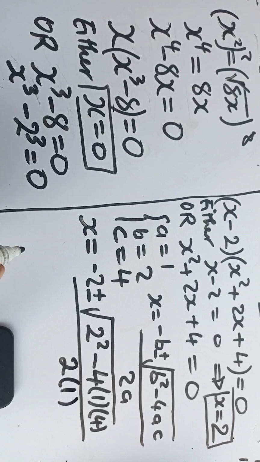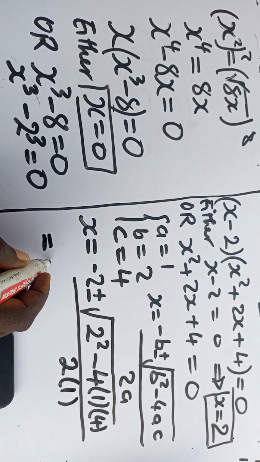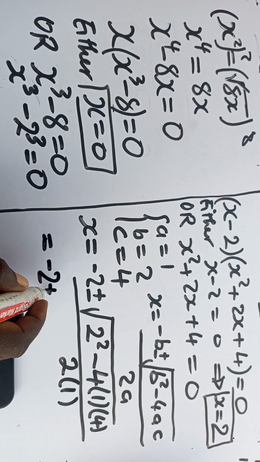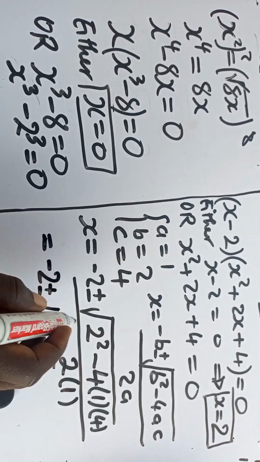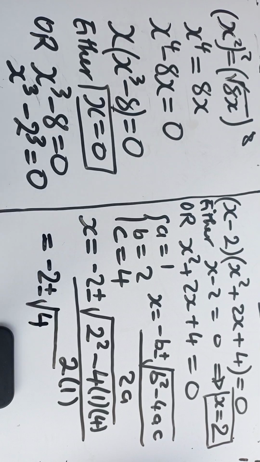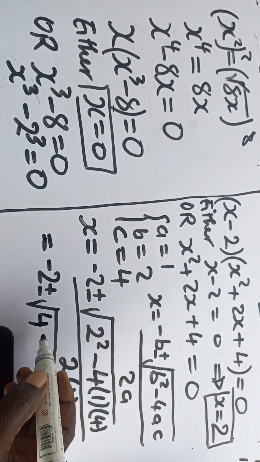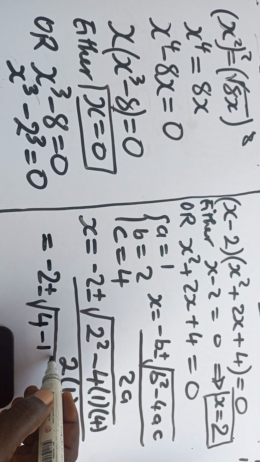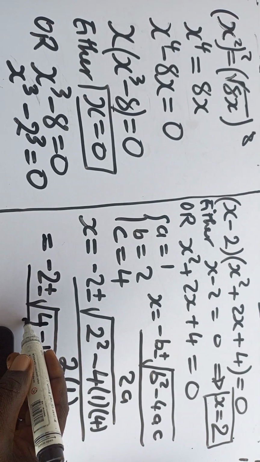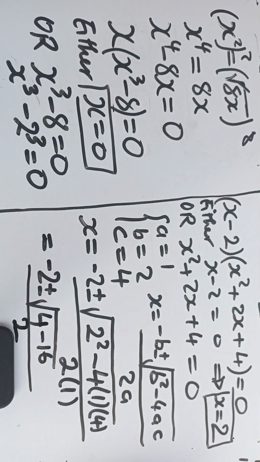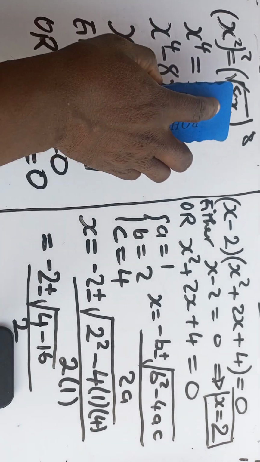This will give us negative 2 plus minus the square root. 2 squared is 4. 4 multiplied by 4 is 16. So 4 minus 16, all of this divided by 2. Okay, so we continue this way.